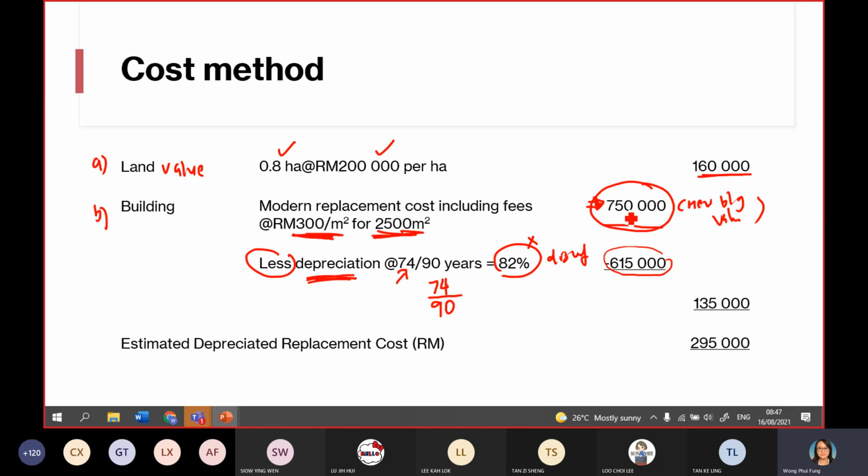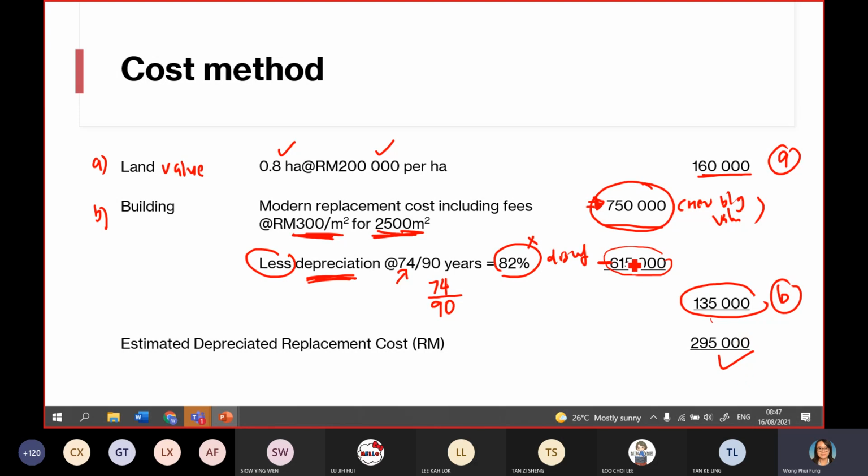So from the original new building value, you minus the depreciation value. So you end up with the building value as of today of only 13,500. Then sum up A and B, A plus B, and you should be able to get the value of this hospital as of the current day.